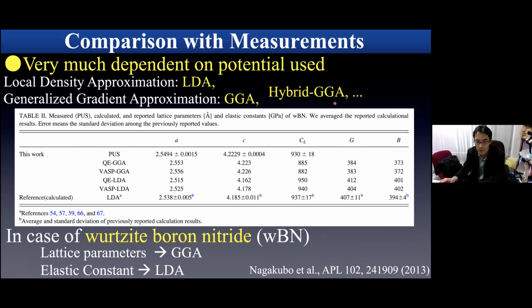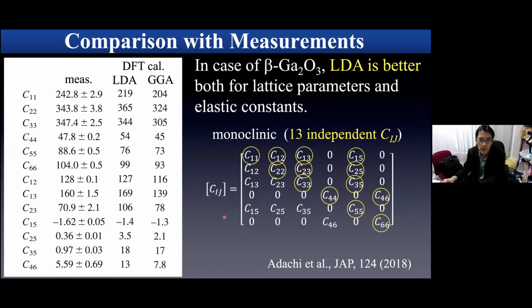Anyway, that's why the elastic constants are very important. If you compare your result only with the lattice parameters, a perfect result will not be obtained. So I recommend you always use the elastic constants to check your calculation.